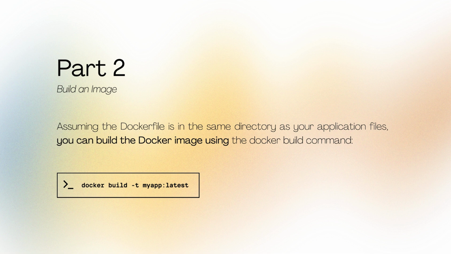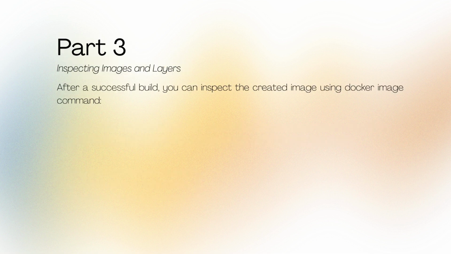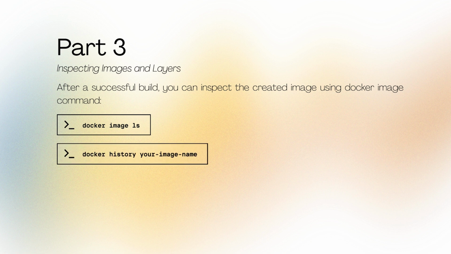Once that's completed, and after you successfully build your first image, you can inspect the created image by using the following Docker commands, such as docker image ls to list all your existing images on the local machine. You can also run docker history and then specify the name of the newly created image to show the history of image layers, including commands run in each layer during the build process, which can be quite handy.